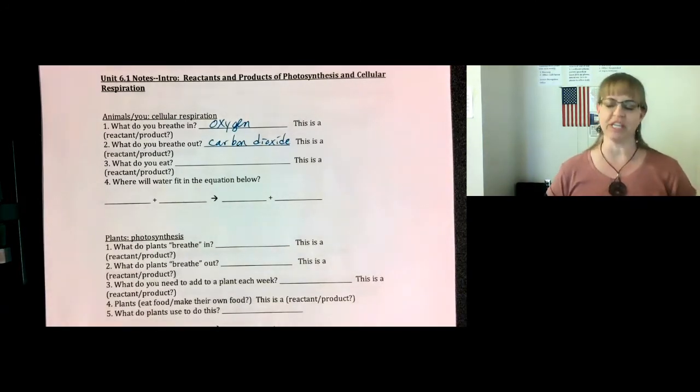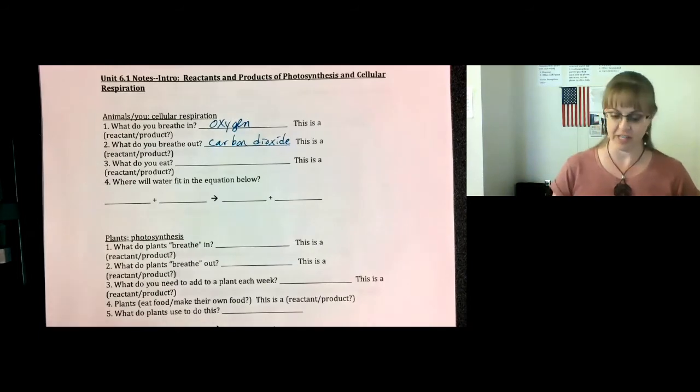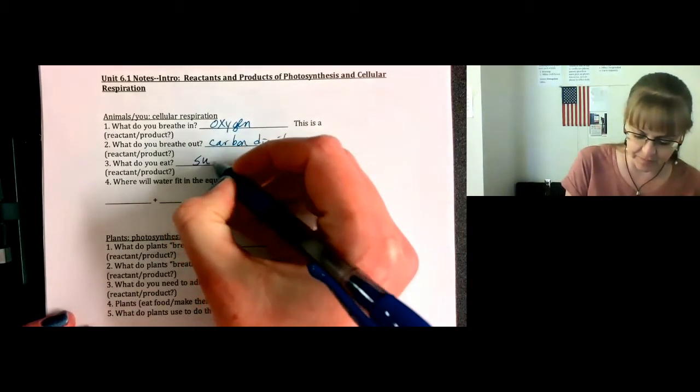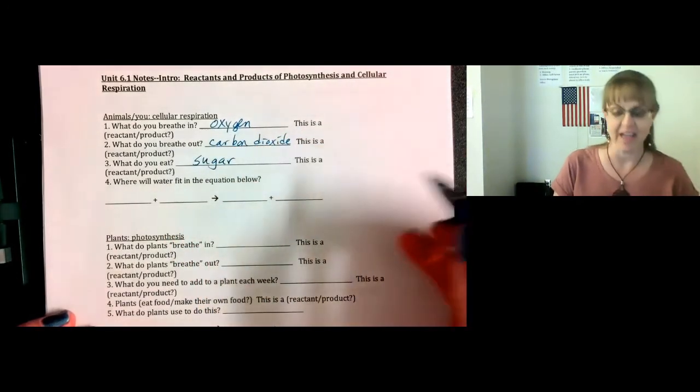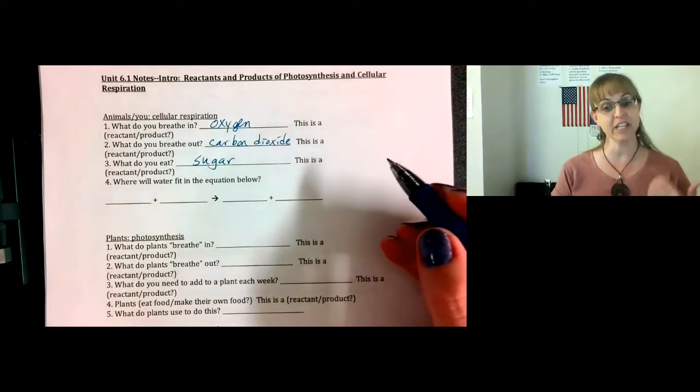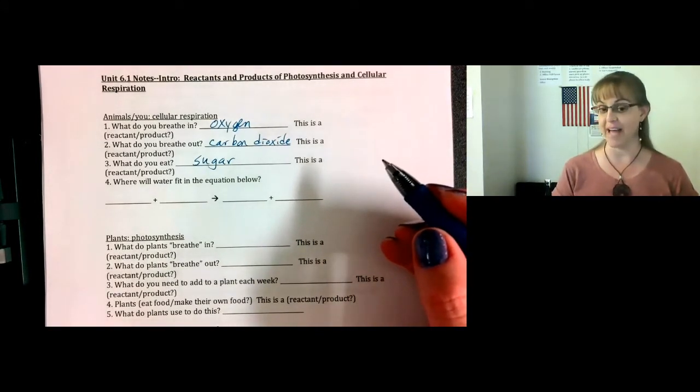Now, what do you eat? Obviously food, but in your body, it breaks the food down into sugar, which your body can actually use to make ATP. So, sugar is what you eat. Since you are putting the sugar into your body, would it be a reactant or would it be a product?